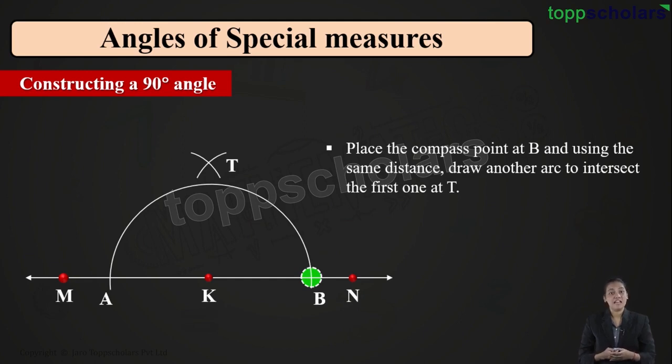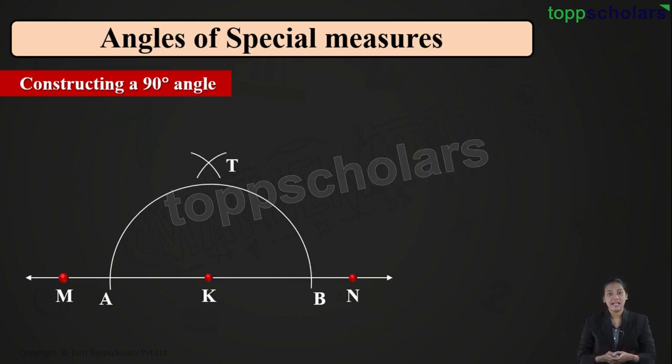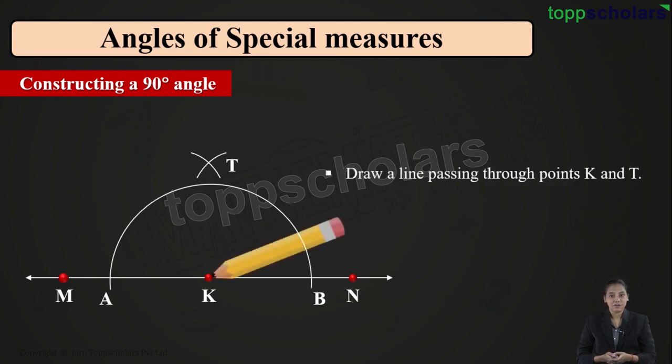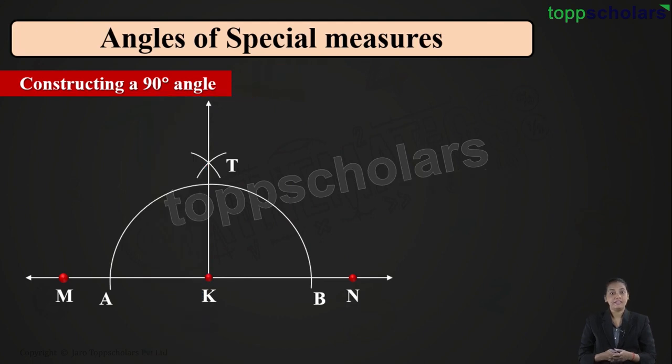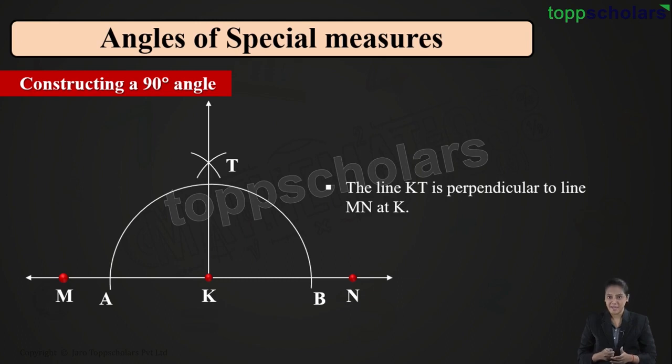Yes, we just have to connect K and T. So we draw a line. This line KT is perpendicular to line MN at point K. So this is nothing but angle NKT is equal to 90 degree.